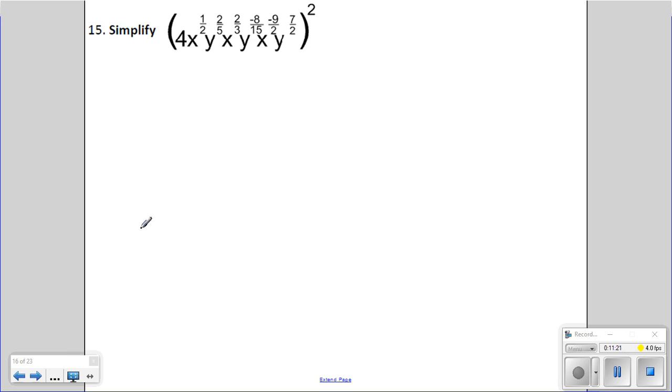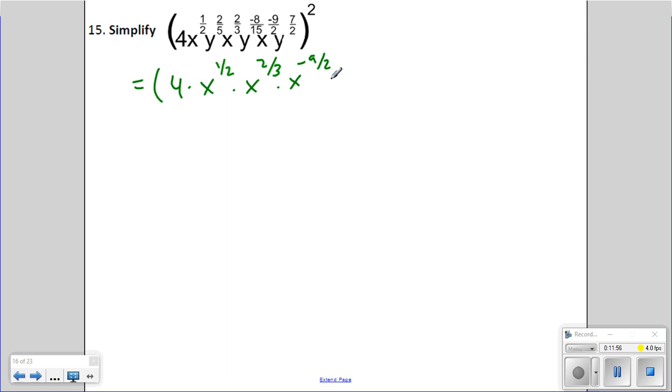Now, we gotta simplify with exponents. So the first thing I'm going to do is take care of the like bases that are within my parentheses before I apply my power. There are no other numbers, so 4 is going to come straight down. But then I'm going to put the like bases side by side. So I have x to the 1/2 times x to the 2/3 times x to the negative 9/2.